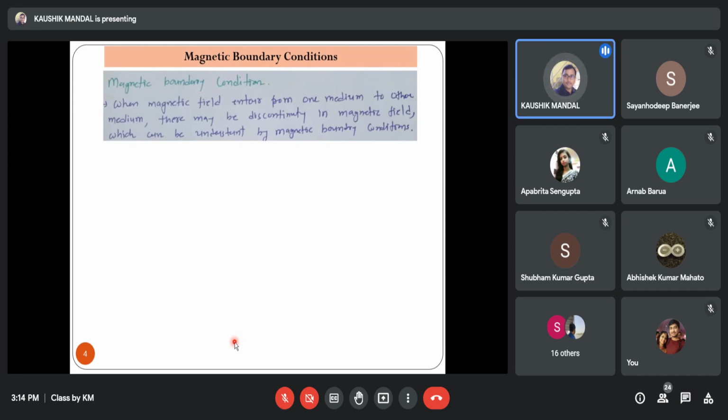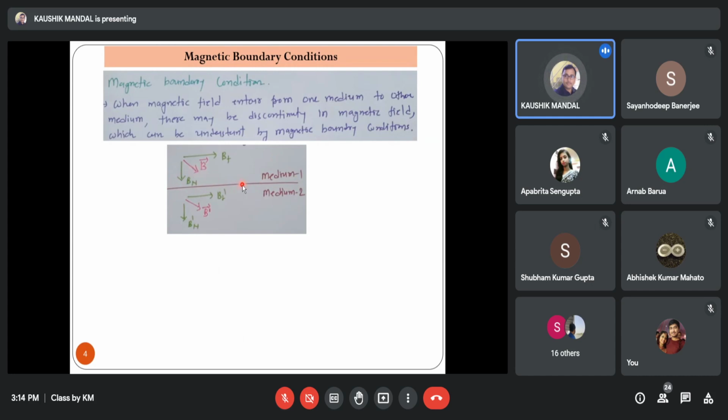As you know, in the case of boundary conditions for the electric field, we have to deal with two components. Suppose there are two mediums separated by this line, medium 1 and medium 2. This line represents the interface between the two media.